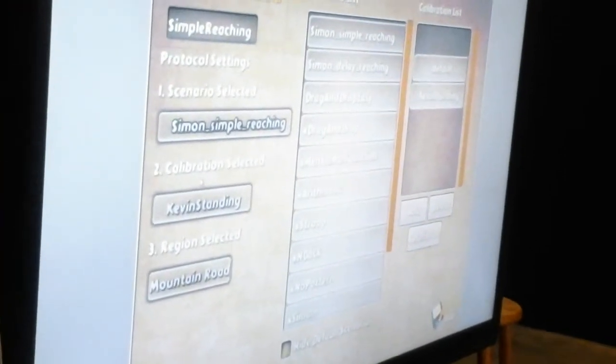The meaning of the calibration is to arrange the location of the targets. Some people may have a disability in the right hand, and some people have a disability in the left hand.